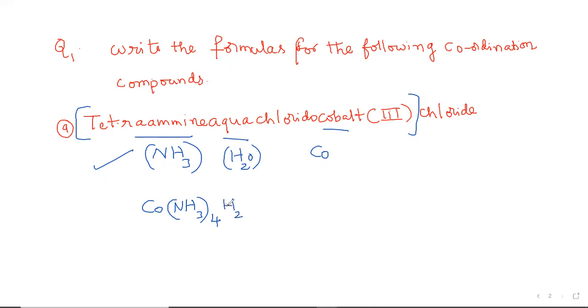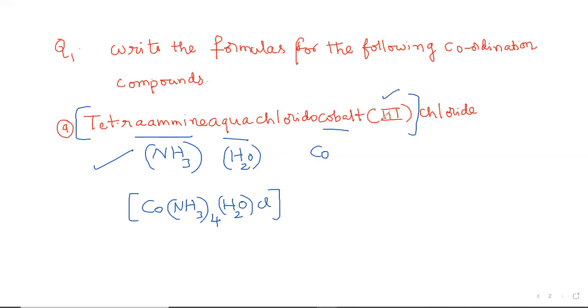As H2O is a polyatomic molecule, we keep it in a simple bracket. Chlorido means Cl. So here there are 4 NH3 groups, 1 water, and 1 Cl, a total of 6 ligands around cobalt as per the name. In the square bracket, all 6 ligands around the central metal are present.